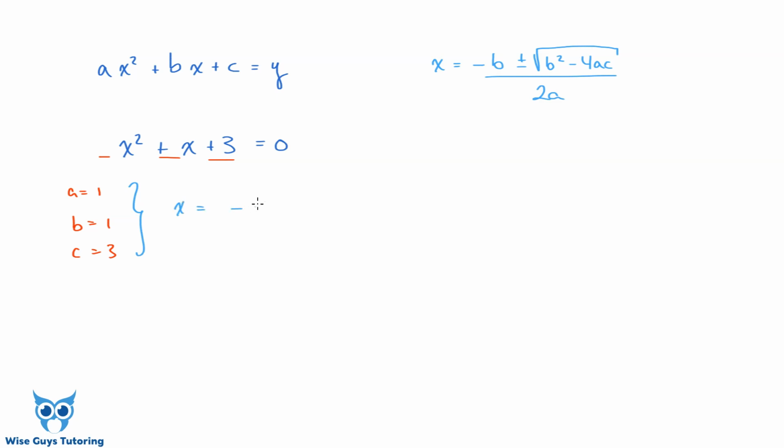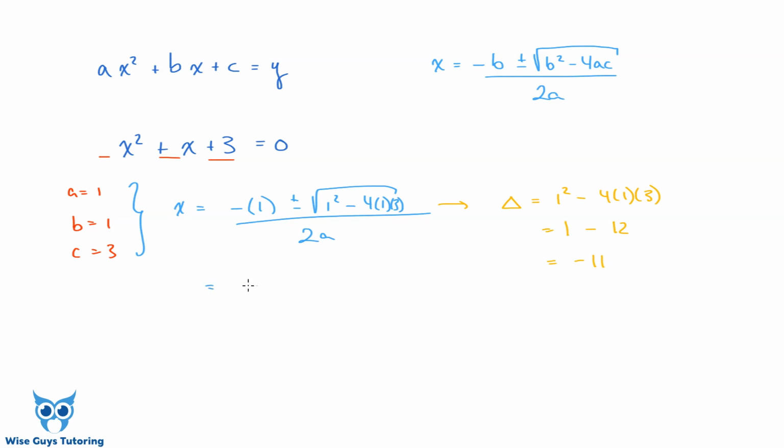You get minus 1 plus or minus the square root of 1 squared minus 4 times 1 times 3, and you divide by 2a. So we'll take the discriminant on the side, delta. We say it's 1 squared minus 4 times 1 times 3. 1 squared is 1, of course. 4 times 1 times 3, that's 12. Gives me minus 11.